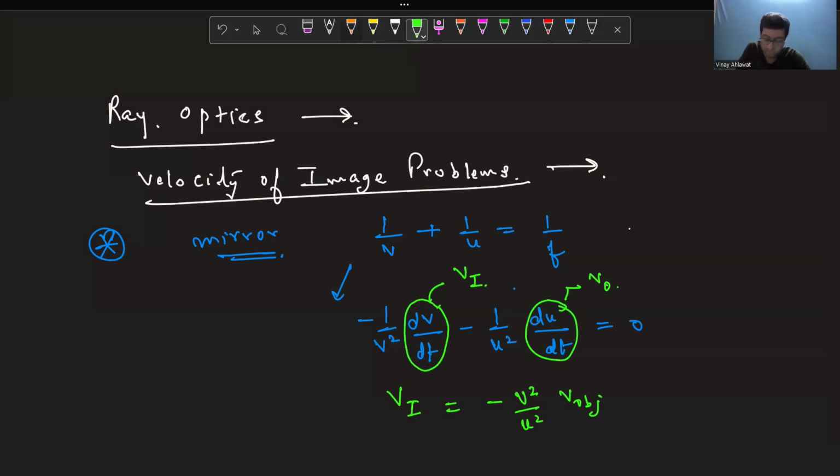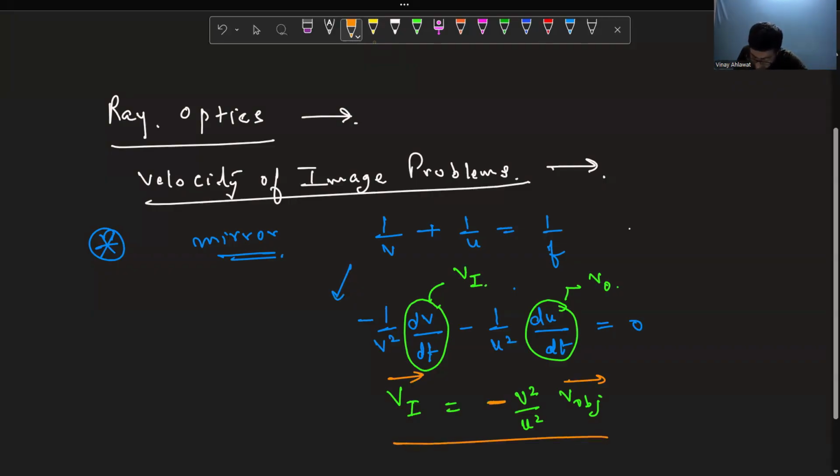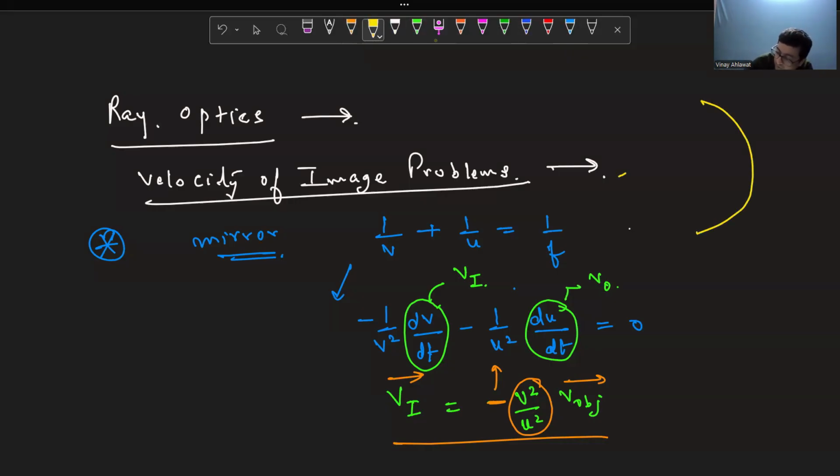And if I treat it like a vector, then I can say negative of this. That means this is a square quantity. This will always be positive. Agreed or not? So that means in the case of mirror, object and image are always going to move in opposite directions because of this negative sign, which you can actually realize in the case of concave mirror.